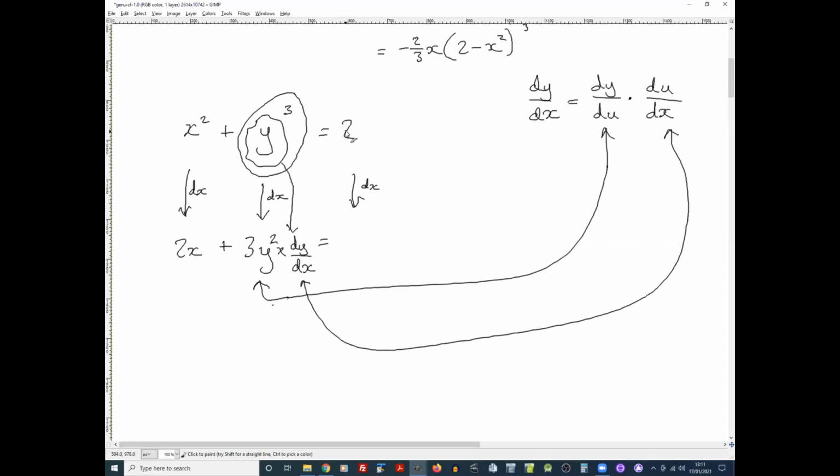What about this one? What's the derivative of 2 with respect to x? 0. Ah, but look, we had to be cool about it, back off from saying what dy dx is. But now we can make dy dx the subject of this equation, can't we?